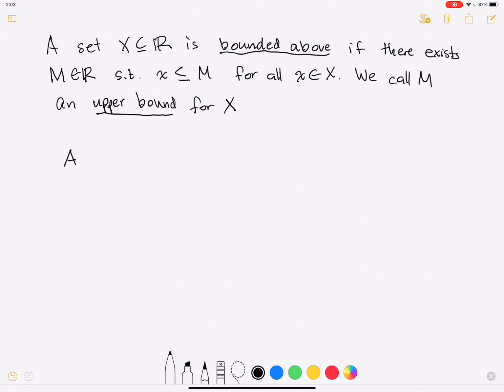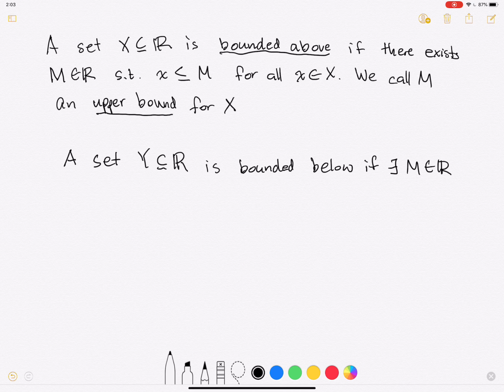Now let's do bounding from below. A set Y, a subset of R, is bounded below if there exists M in R such that M is less than or equal to y for all y in the set Y. So this number is less than or equal to anything in the set.